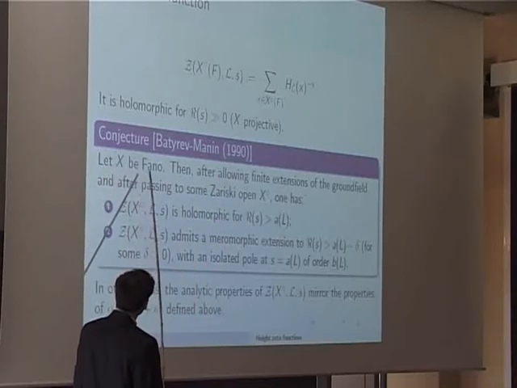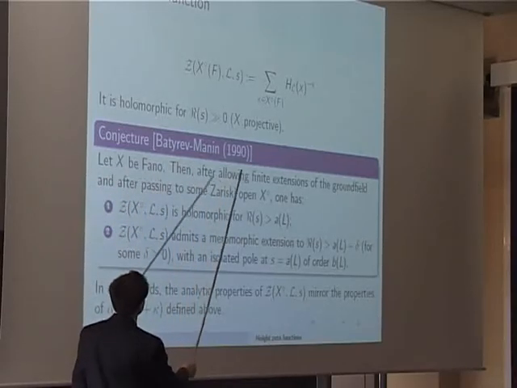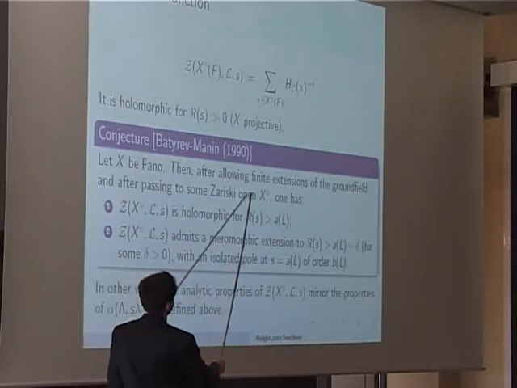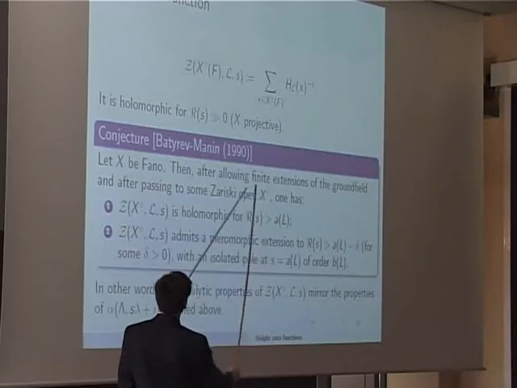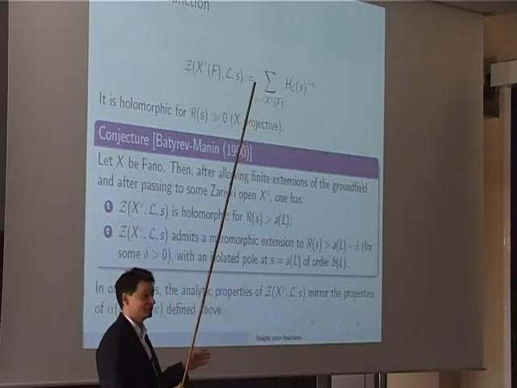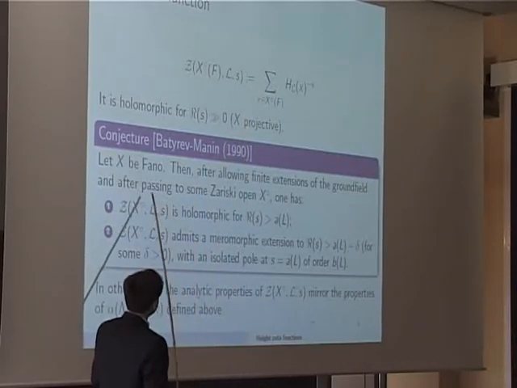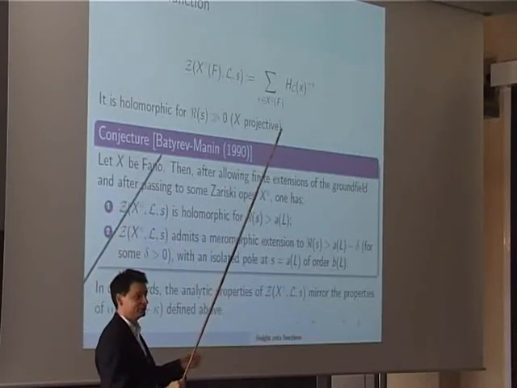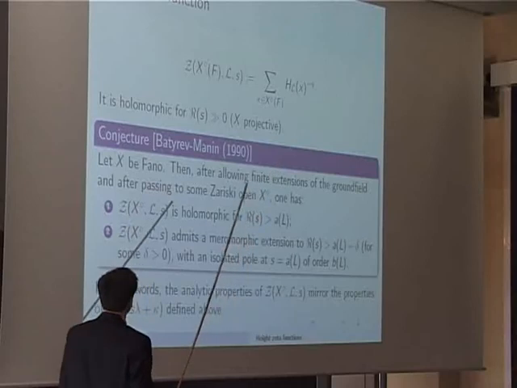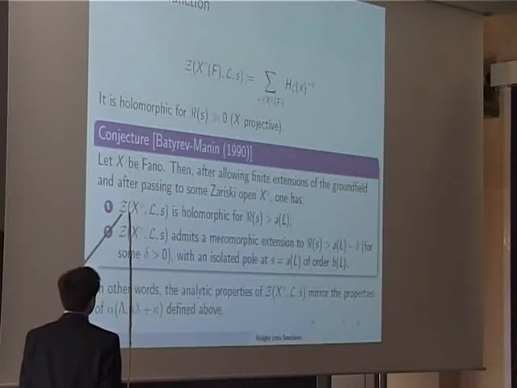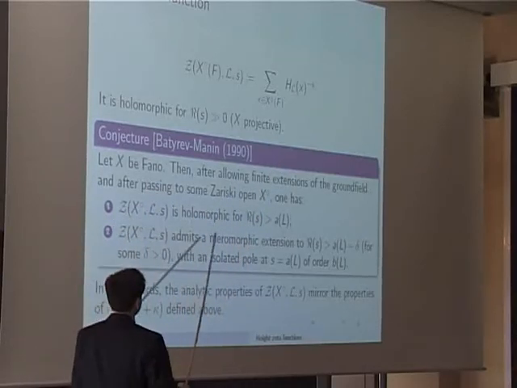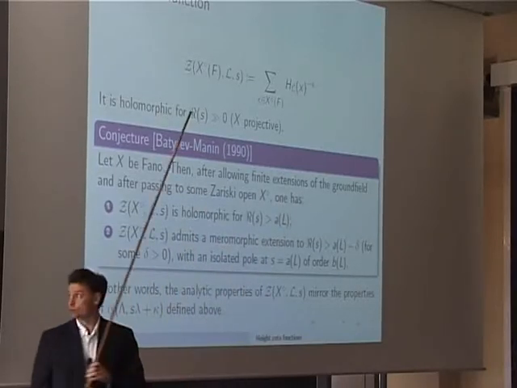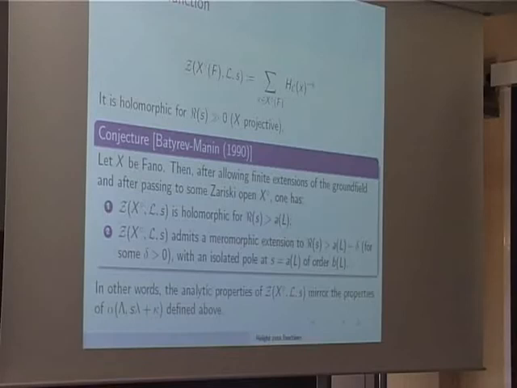And there was a conjecture put forward by Batyrev and Manin, and in one of the forms it says that, all right, after finite field extensions of the ground field, so that's to ensure the points are Zariski dense, after passing to some Zariski open subset, that's to get rid of the accumulating subvarieties, which mess up the asymptotic behavior, the function should be holomorphic in this domain, where a(L) is that constant defined before and is on the blackboard.